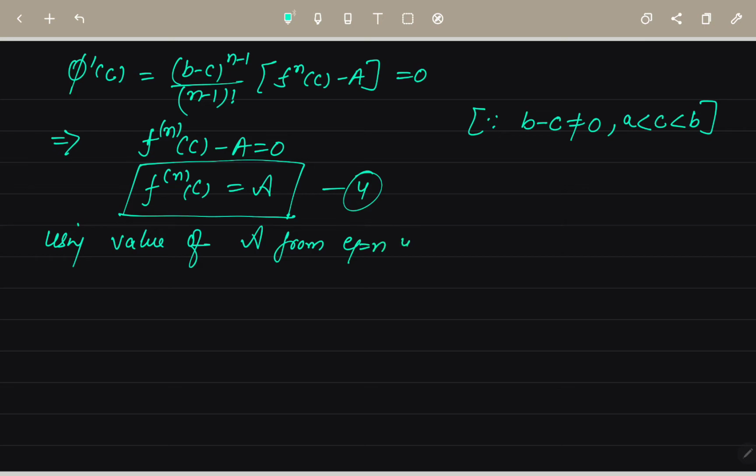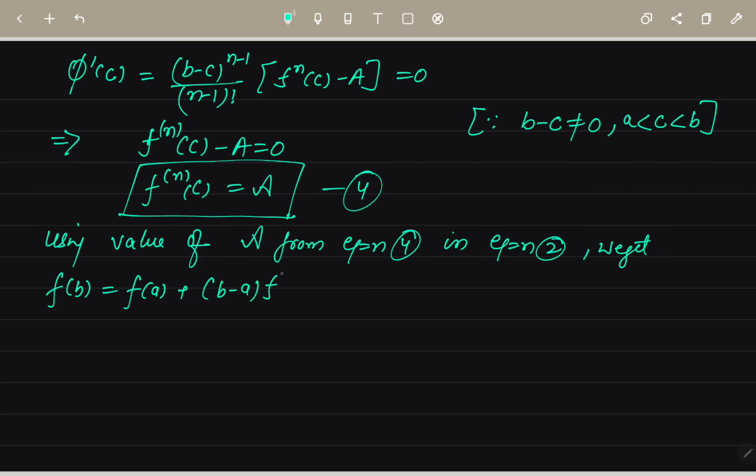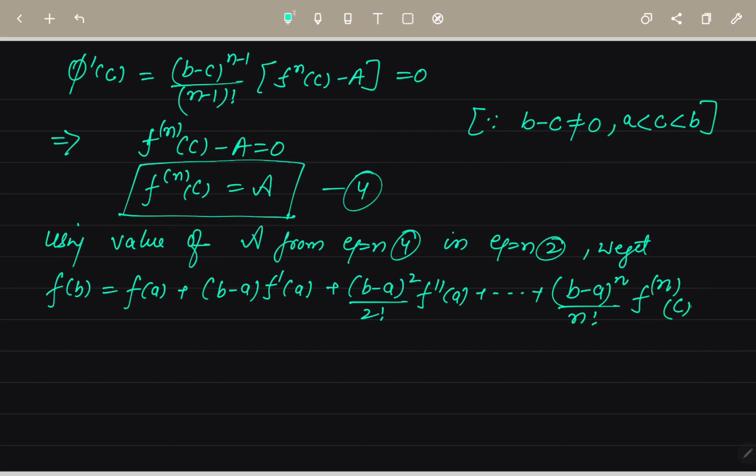Using the value of a from equation 4 in equation second, we get f of b is equal to f of a plus b minus a times the first derivative of the function at a, plus (b minus a) whole square divided by 2 factorial times f double dash a, plus so on up to (b minus a) whole raised to the power n divided by n factorial, and instead of a I am writing here the nth derivative at c.